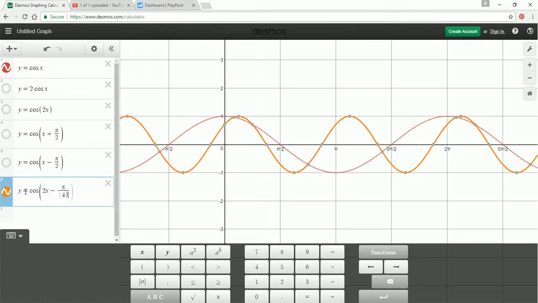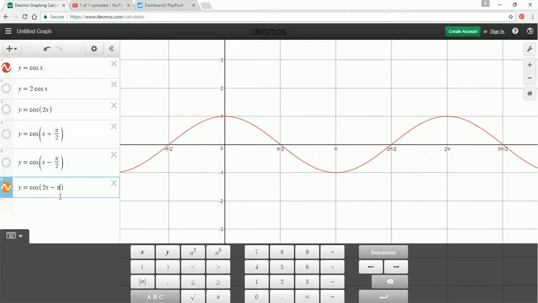Okay, and now what that does is it not only changed the length of our period, so you see we're repeating ourselves much quicker, but we also moved pi over 4 to the right. And in fact, it's going to be pi over 8 because it's got to be C over B. So that would be pi over 4 divided by 2, which gives you pi over 8.